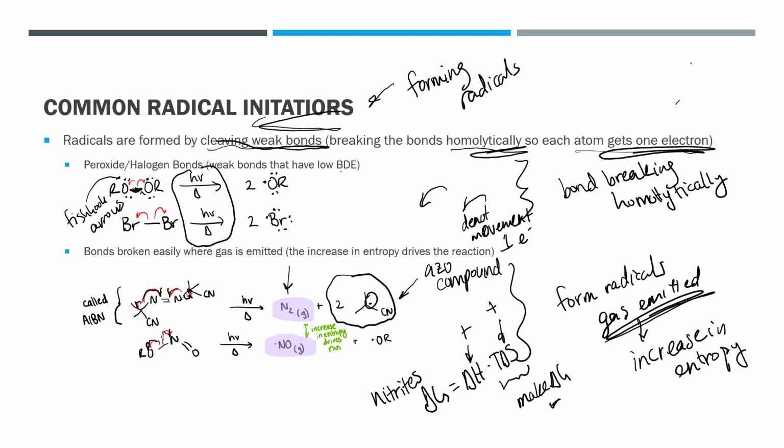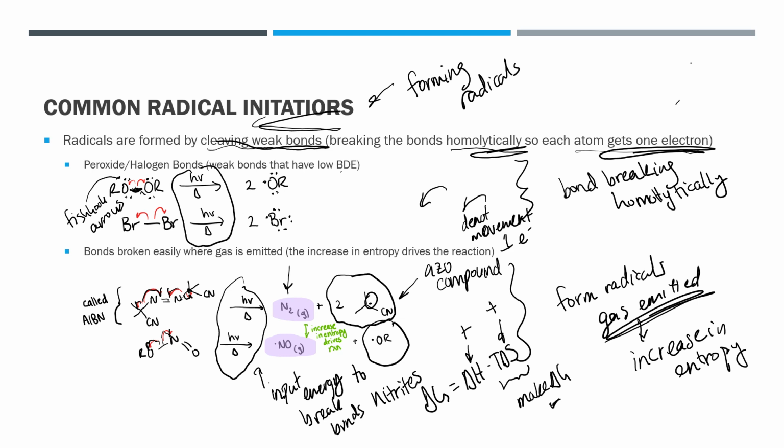Nitrogen monoxide is a gas, so this increase in entropy by forming a gas is going to drive this reaction to completion, and you form this other radical. You can see the conditions of these reactions are always light or heat because you need to input energy to break bonds. You always need a little bit of energy in order to break bonds.